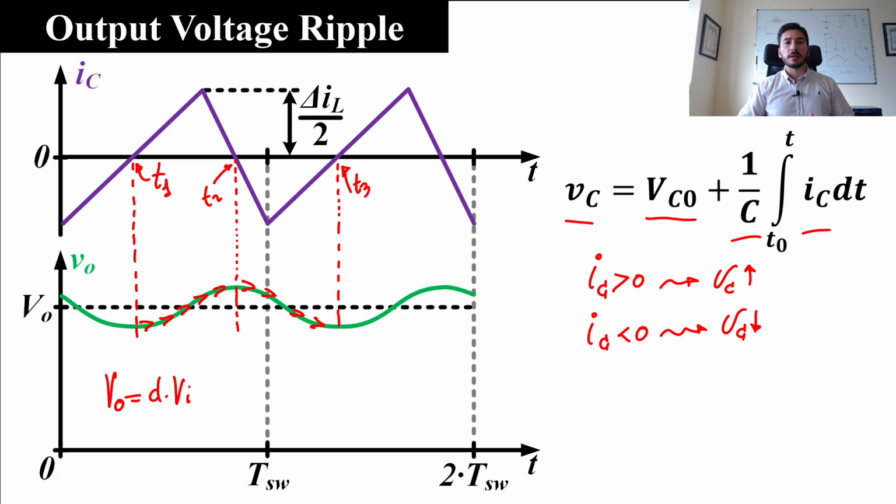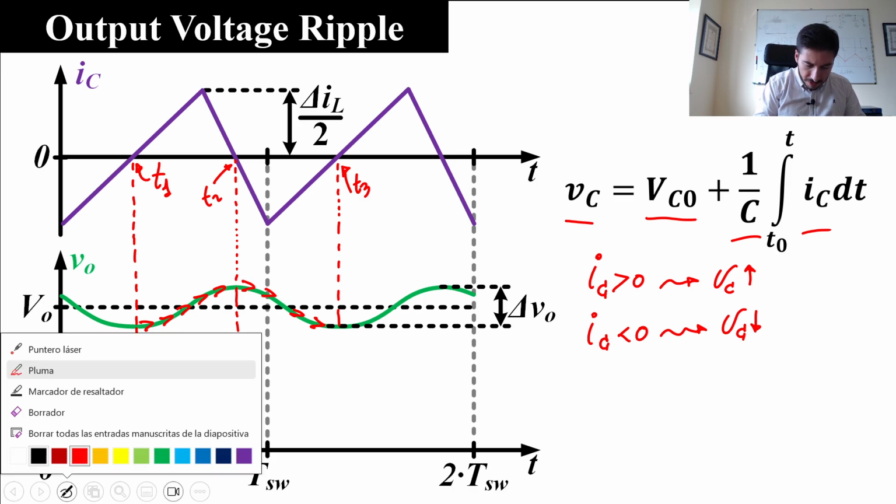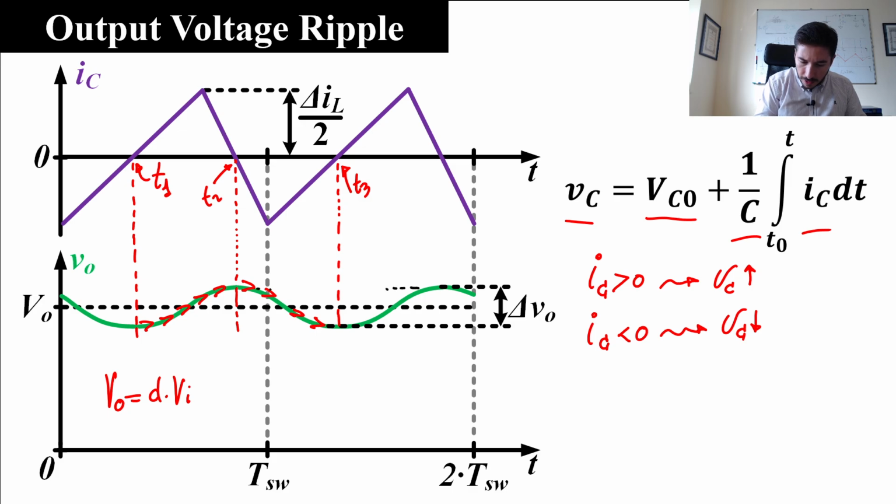Okay, in this case, we don't want to know the specific or particular shape of the waveform. The important parameter is the output voltage ripple, which is the design specification that we have to satisfy. So what we need to know is the peak-to-peak output voltage ripple. And as you can see, it can be evaluated as the voltage change between T1 and T2.